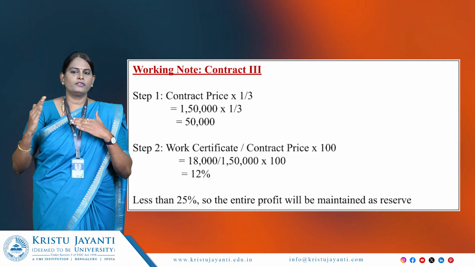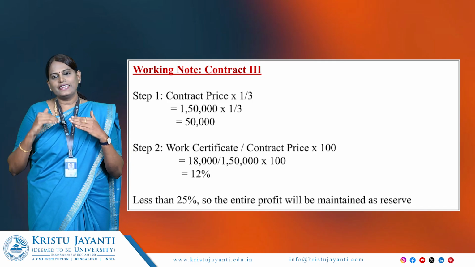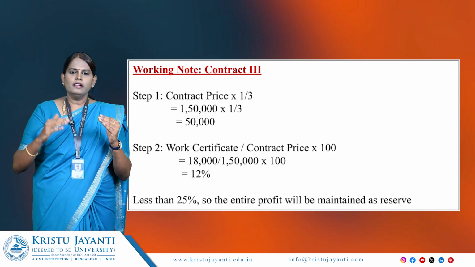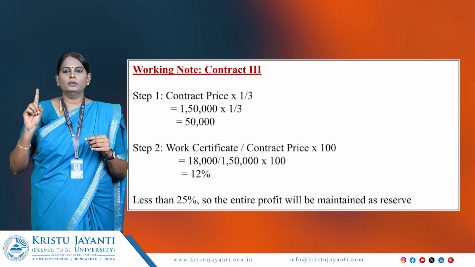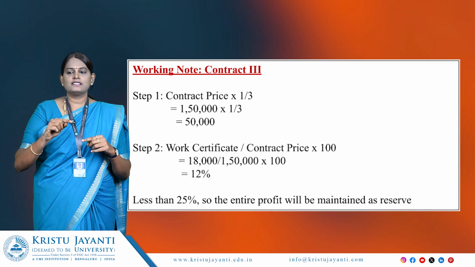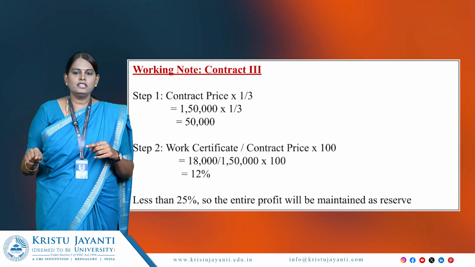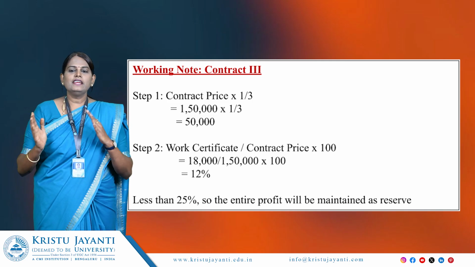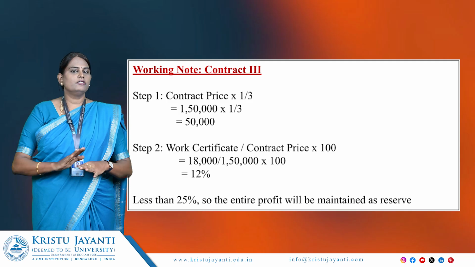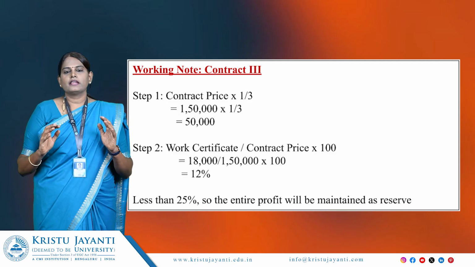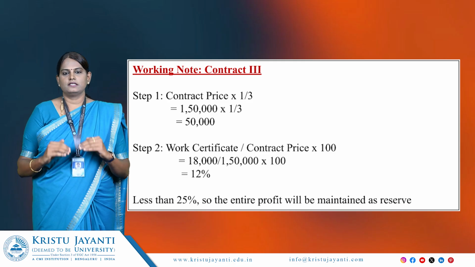There is too much of a difference. Anyway, let us go with the second step of verification. The formula is work certified divided by contract price into 1/3 of it. You can see that there is a huge difference, as I said, that is reflected in the form of a percentage, which is just 12%. So as we know, anything lesser than 25%, we don't transfer anything to the P&L. The full 1,500 can be maintained as reserve.